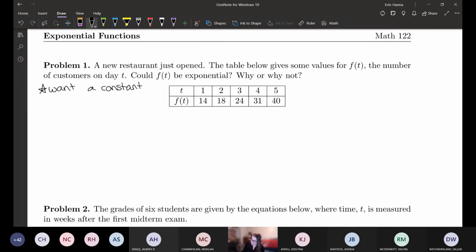And I don't think we'll finish this, but I can start setting it up at least. We want a constant factor.